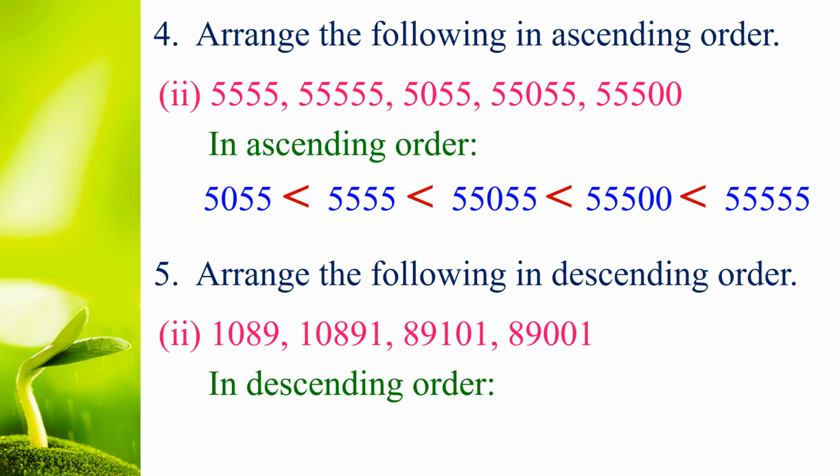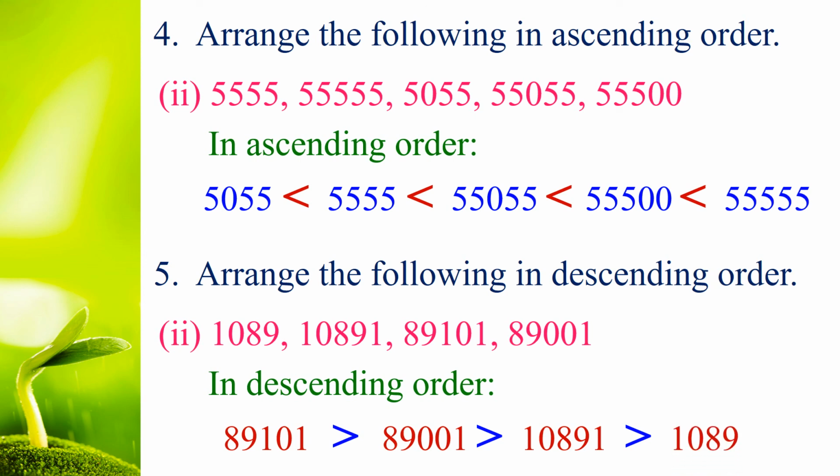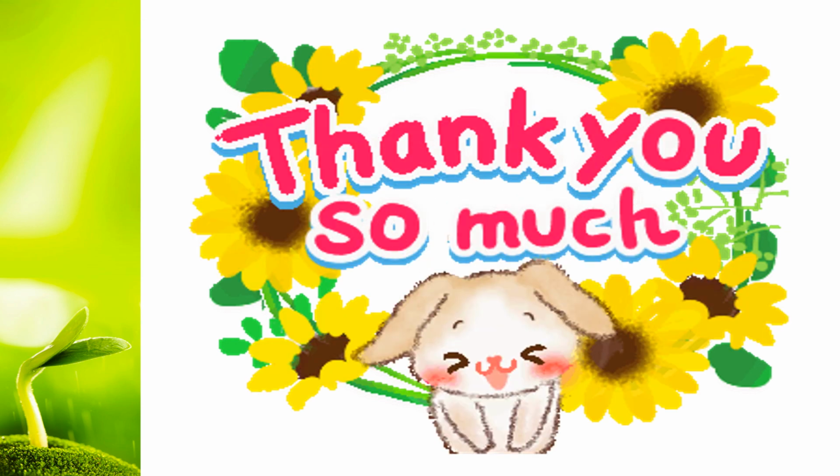Here the greatest number is 89,101. The next number, 89,001. Next one, 10,891. The last, smallest number is 1,089. Thank you, children.